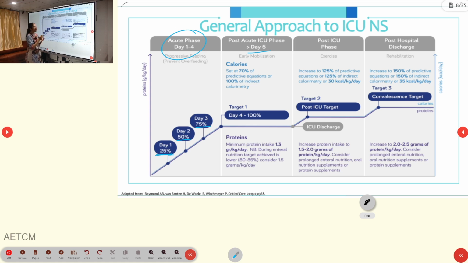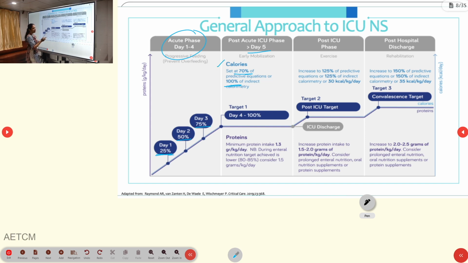Based on the weight, we will mostly be giving 100% of the feed, whereas if we are using predictive equations, we will be using the hypocaloric diet. So 70% of the predictive equation diet will be given, that is in case of calories.